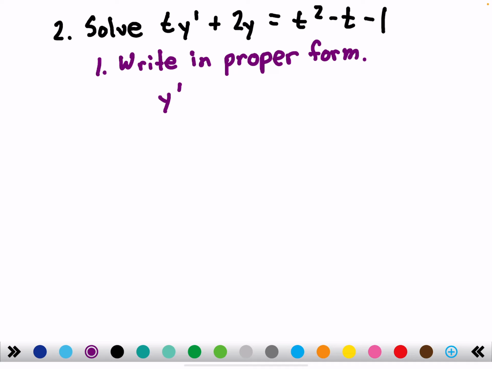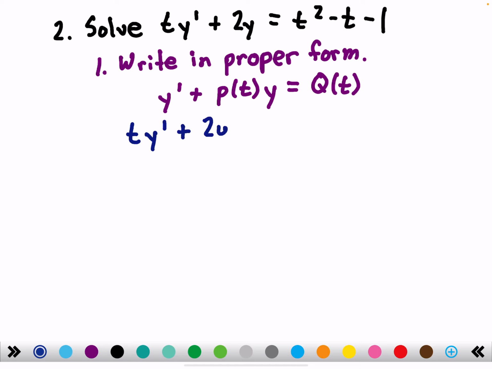So we want to get it in the form y prime plus p sub t times y equals q sub t. We have t y prime plus 2y equals t squared minus t minus 1.